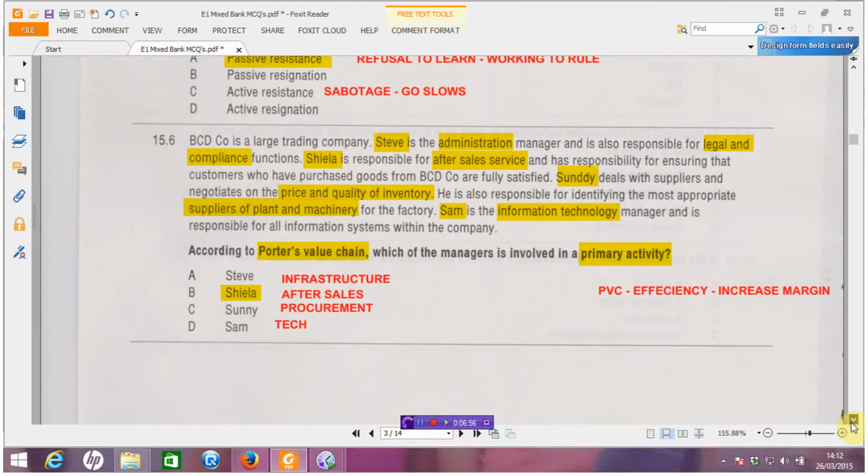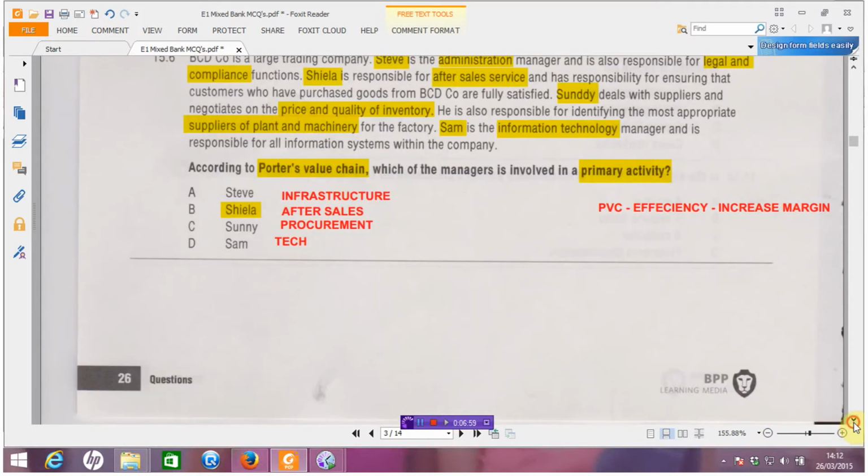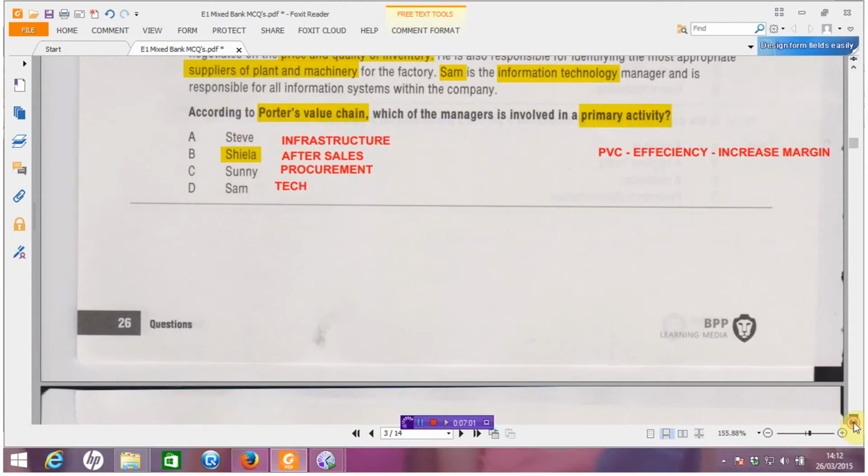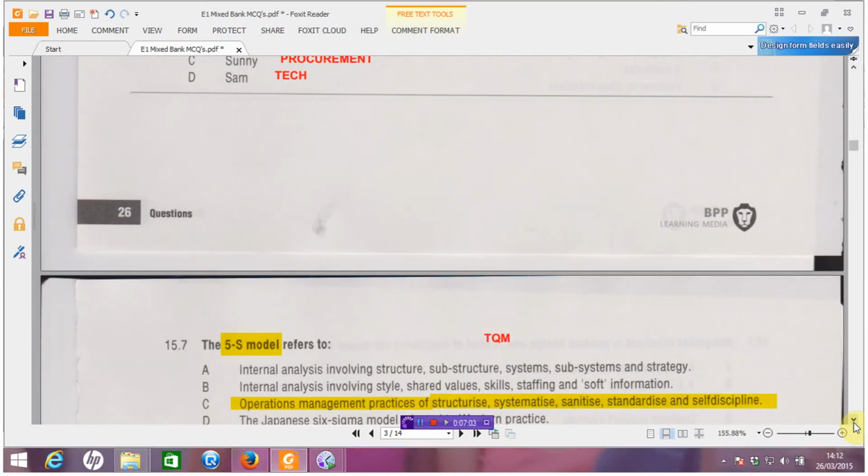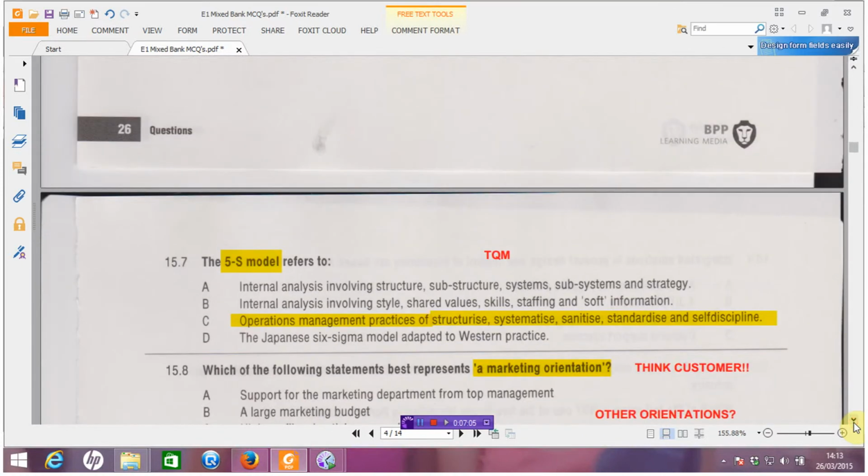Moving on to 15.7, just bear with me 1 second. What we've got here is a reference to TQM, Total Quality Management. Popular little area for MCQs, I would say, because there's lots of little models in there and probably new phrases for students to learn.